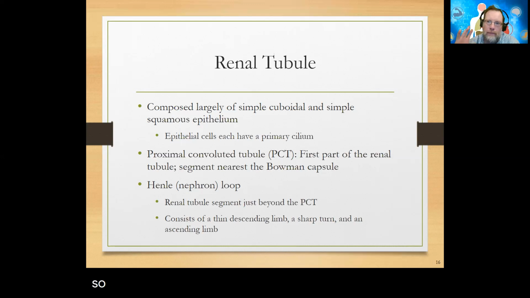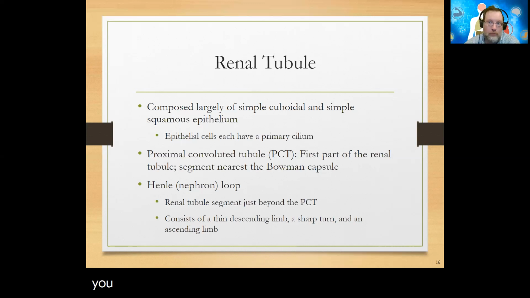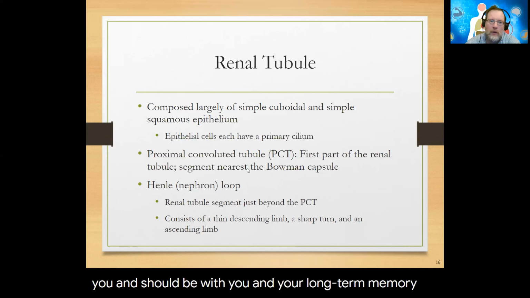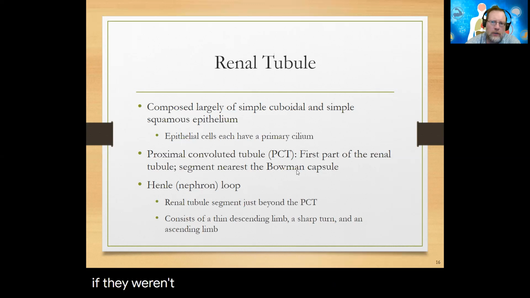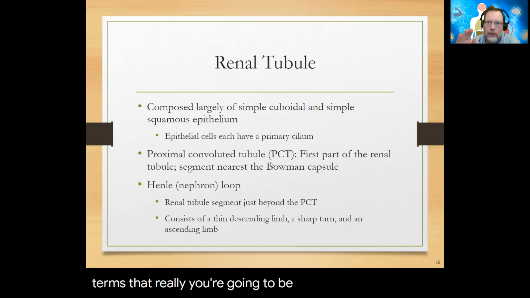So those terms should be familiar to you and should be in your long-term memory. If they weren't etched into your long-term memory in general, please take time to etch those in. These are terms that you're going to be familiar with clinically, certainly on the NCLEX when it comes to urinary system structure and function.